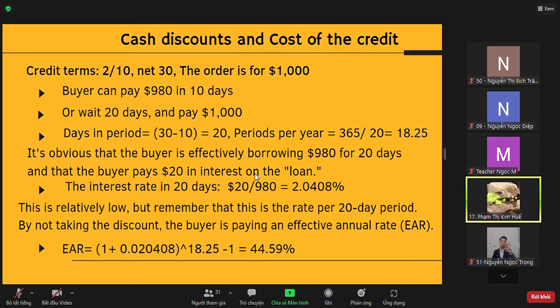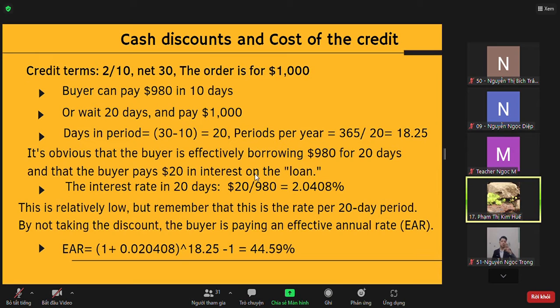The buyer can pay $980 in 10 days or wait 20 days and pay the full amount of $1,000. The days in the period is 20 days and the periods per year is 18.25. It's obvious that the buyer is effectively borrowing $980 for 20 days and that the buyer pays $20 in interest on the loan.